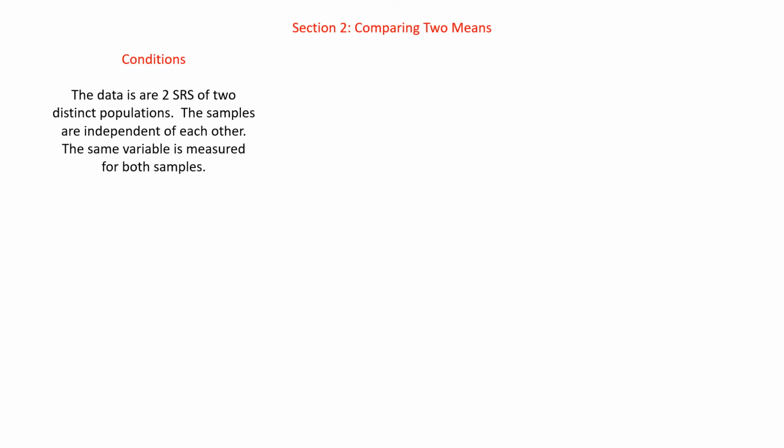Then the two samples are independent of each other, so they can't be matched at all. One of the ways that people mess this up is when they are trying to get the differences between males and females, they go to a house and ask the male and the female at the house the same question, and they use that data.